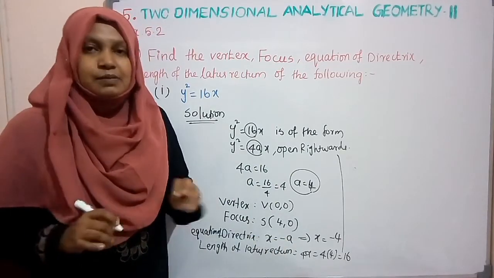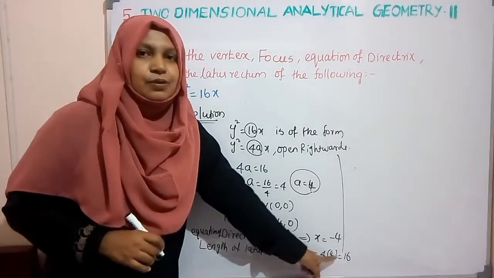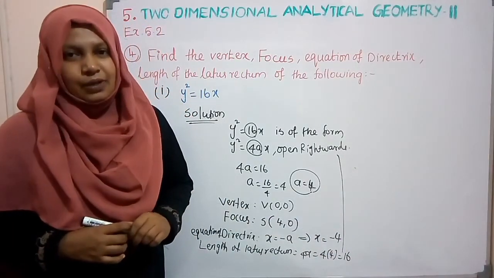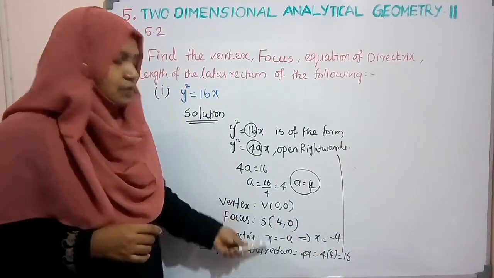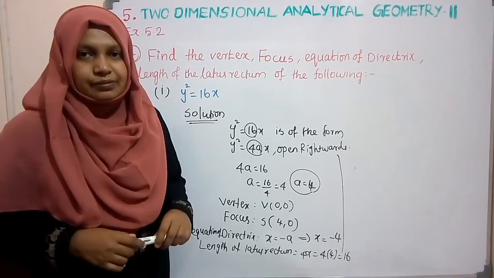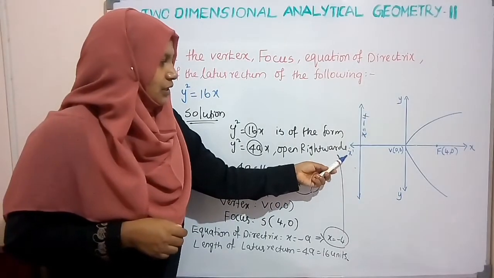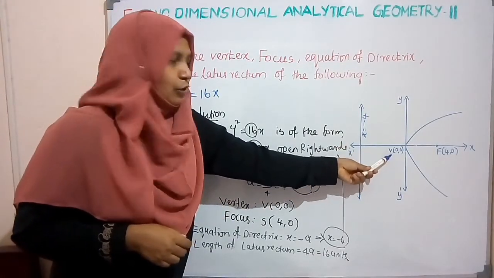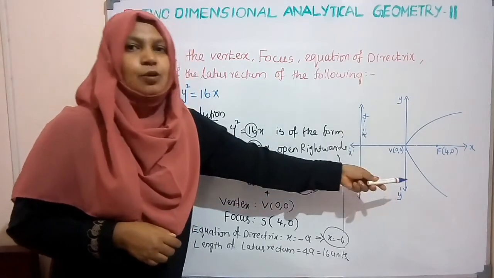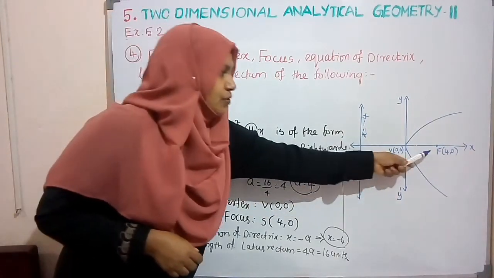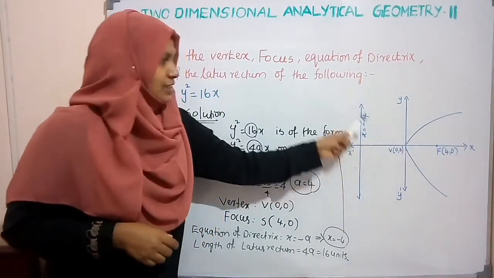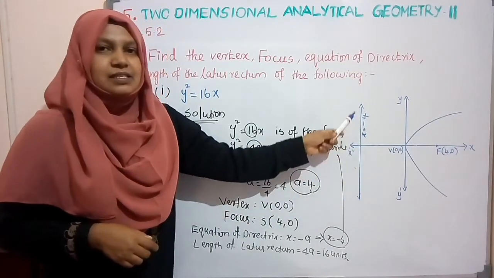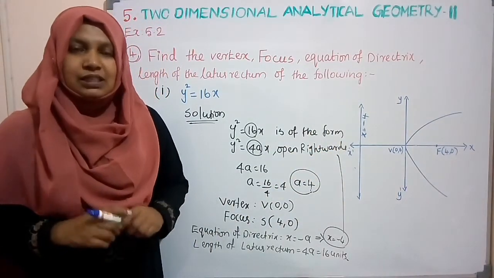Length of the latus rectum is always 4a, so I am writing 4 into 4, 16 units. Okay, so just you can show these points on a graph. See this diagram. Here I mark the vertex 0, 0 and the parabola is open rightwards, and the focus is 4, 0 on right side. Directrix is x is equal to minus 4. It is on the left side.